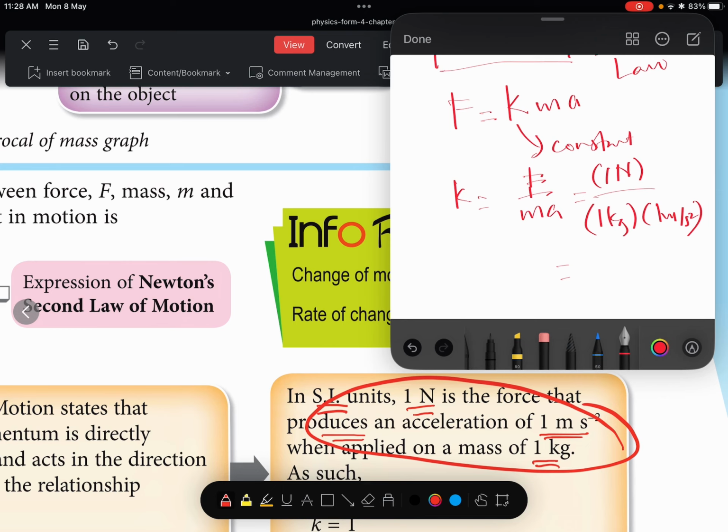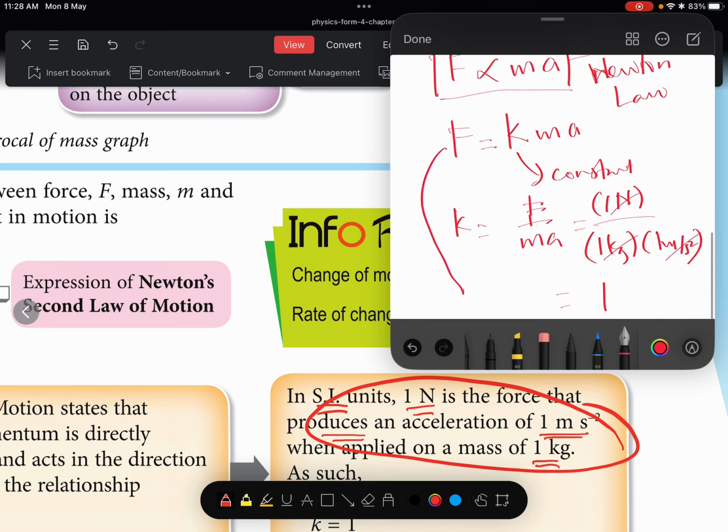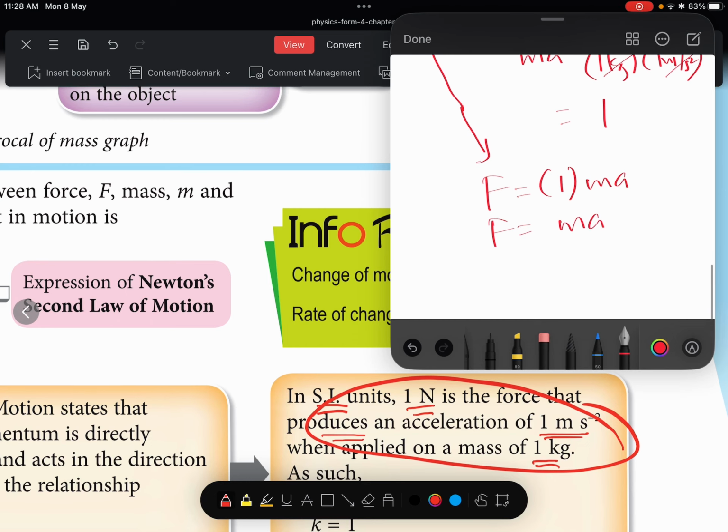When you put these into the equation, you cancel out the units, since they are equivalent, and 1 divided by 1 times 1, you get 1. So k is 1, and the formula becomes F equals ma. This is the formula for Newton's second law, and we are going to apply it to solve many problems.